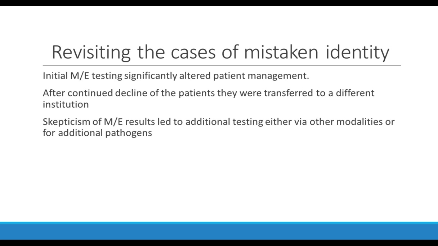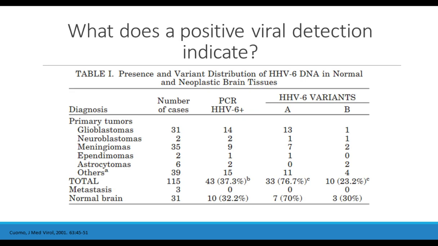In a lot of these cases, there was continued decline in the patients, and they were transferred to different institutions or had different providers evaluate their care. Ultimately, it was skepticism of panel-based results that led to additional testing via other modalities or searching for additional pathogens. So it really begs the question, for some of these, what does a positive mean?